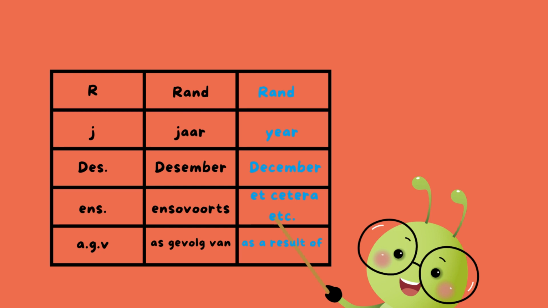Then the last one, when it comes to abbreviations, AGV, as gevolg van. As gevolg van. As a result of. Now, do you see that the full stops are in between the words? So in between the letters, it's separating the three words. As gevolg van.